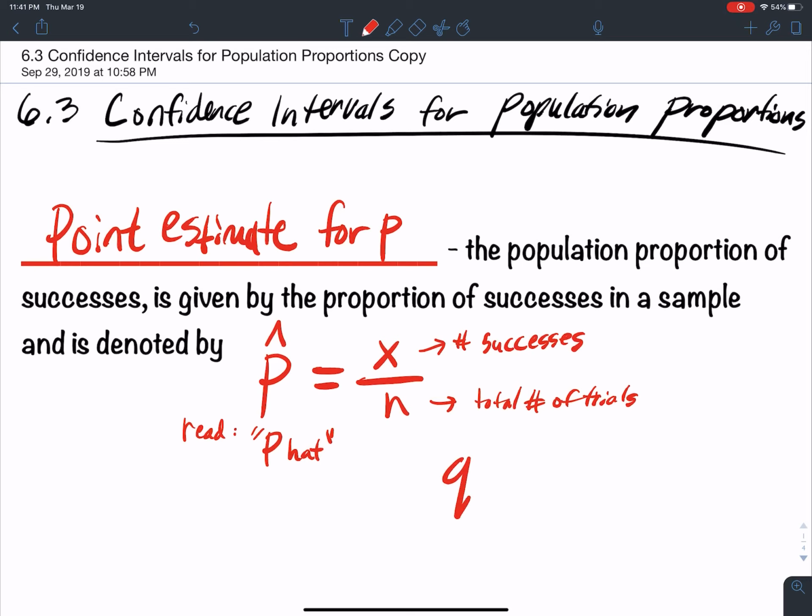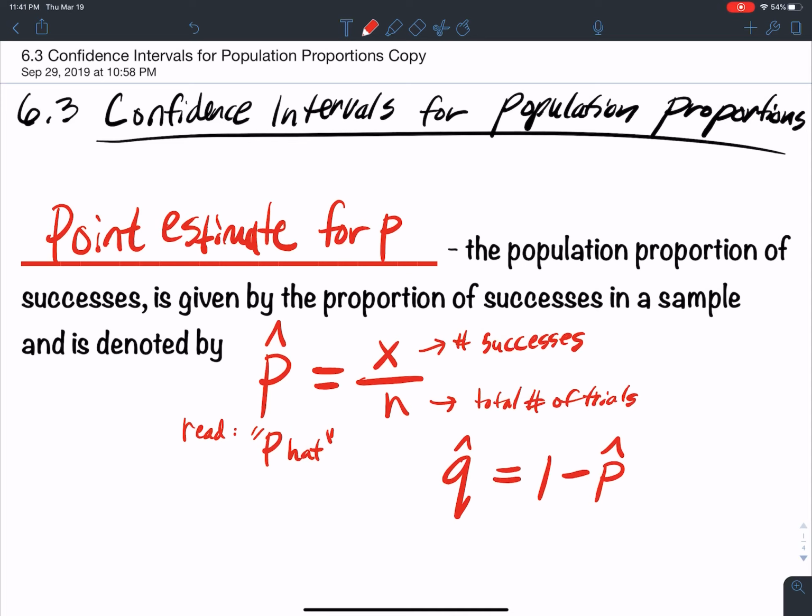Now, Q hat, remember P and Q? If P is the probability of success, Q is the probability of failure. So to get Q hat, we use the complement rule. If there's a 30% chance of success, there's a 70% chance of failure. That's 1 minus P hat, right?